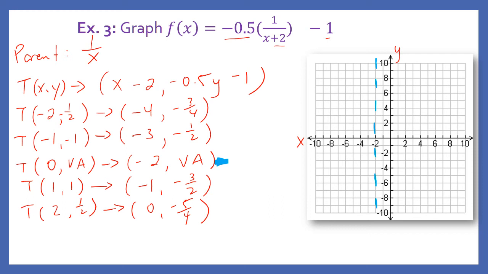Now my horizontal asymptote, normally we have one at 0. We just kind of learned from the last one that the c value moves your graph up or down. So we have negative 1, which means your graph is going to move down 1. In other words, your horizontal asymptote is going to be negative 1.